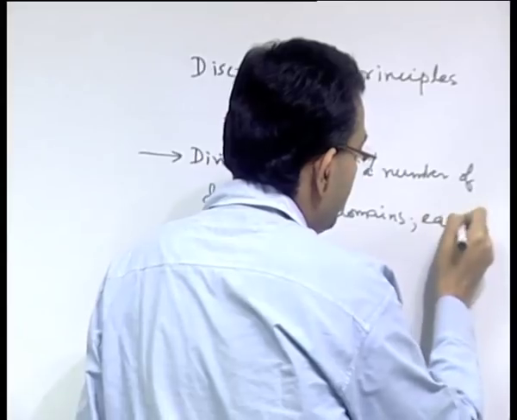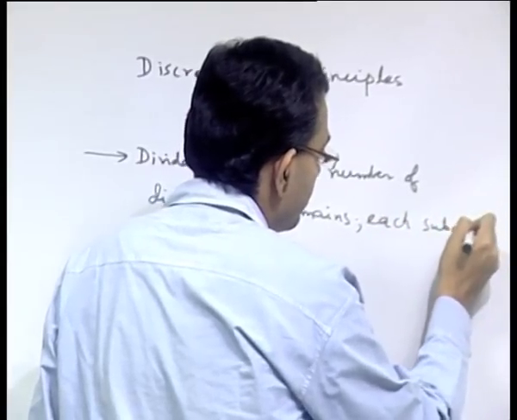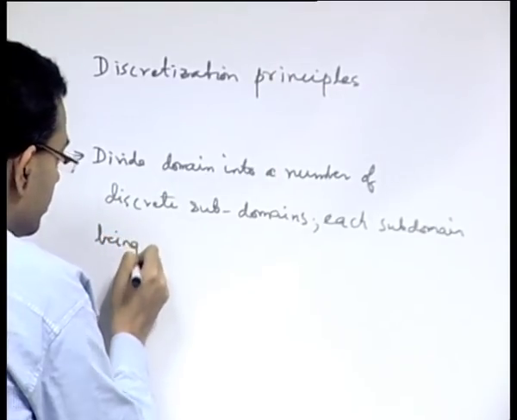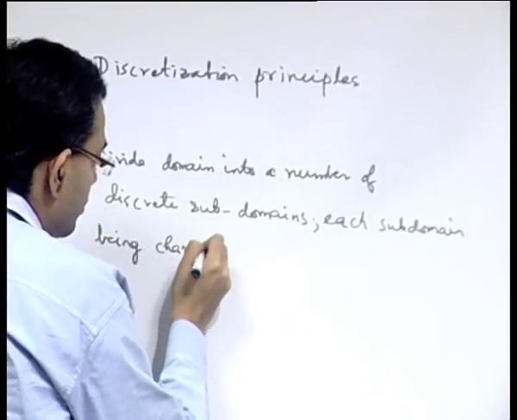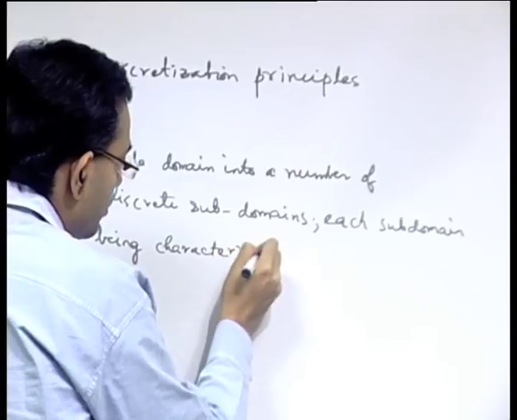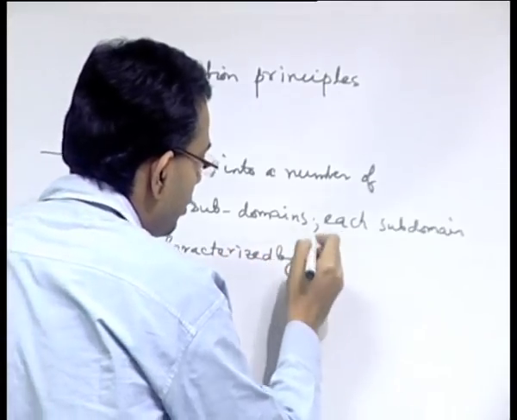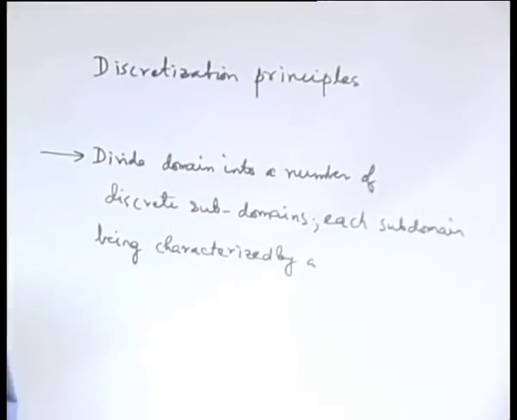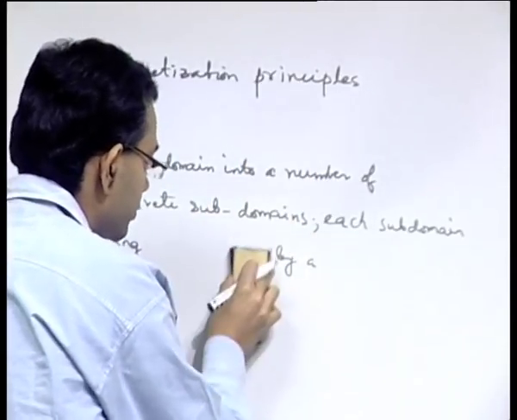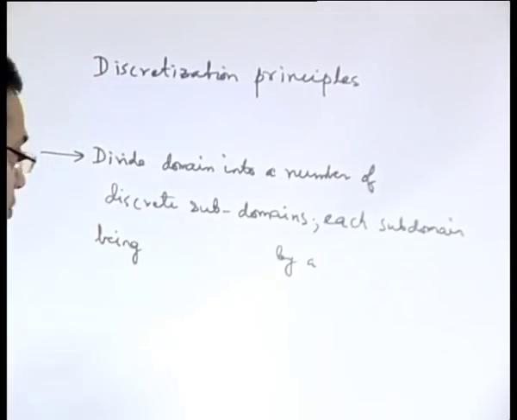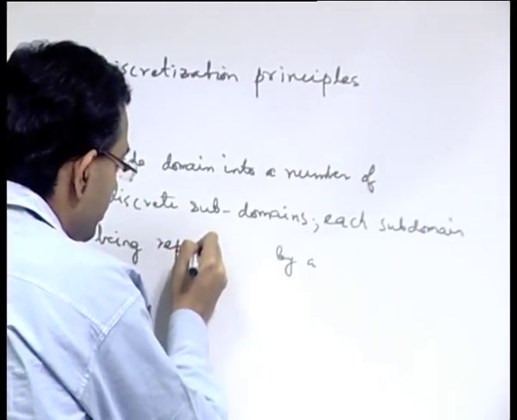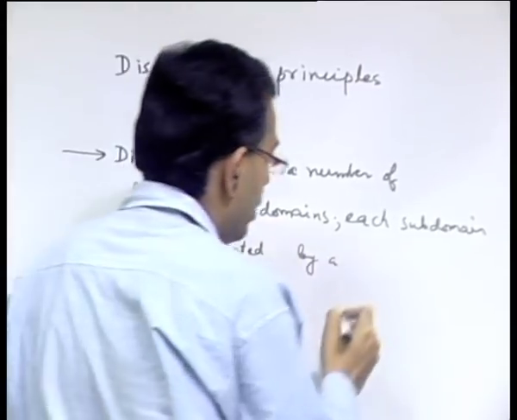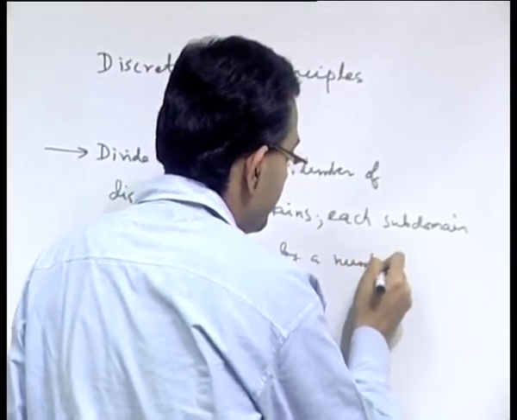And each subdomain being characterized, or instead of characterized it is better to say represented, by a number of discrete points.